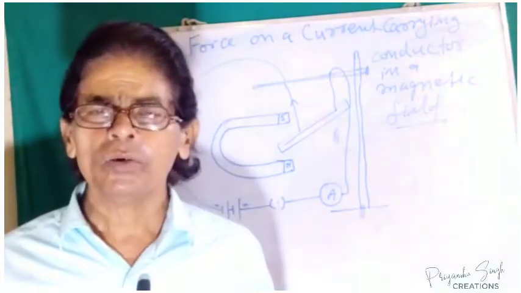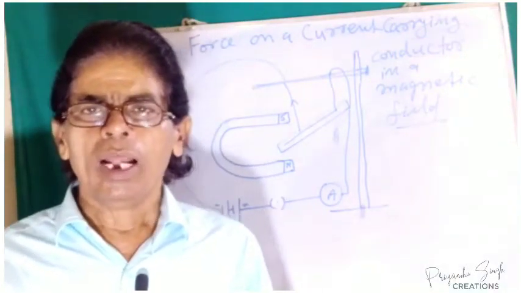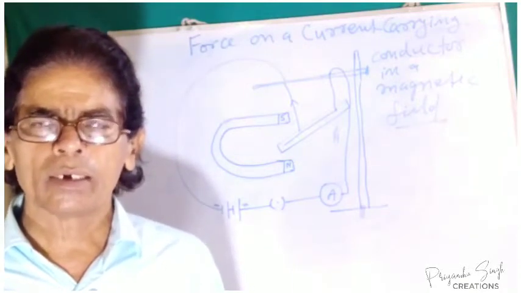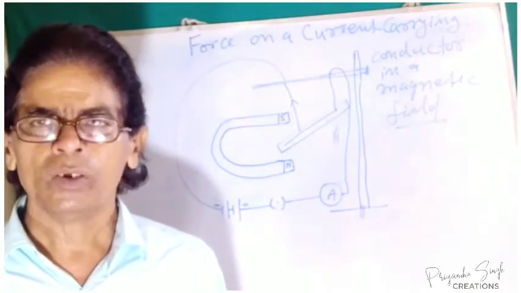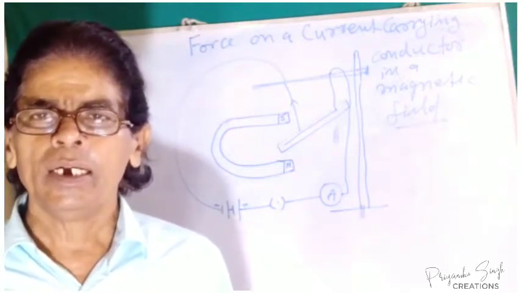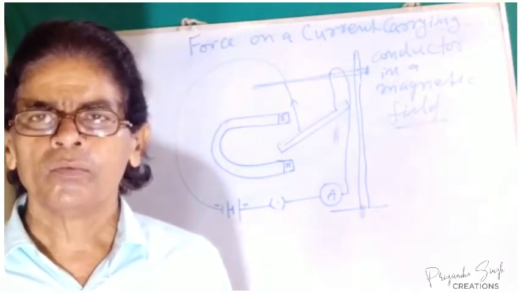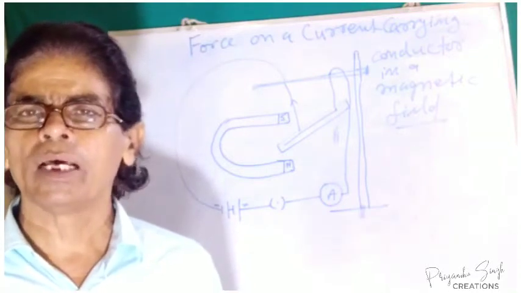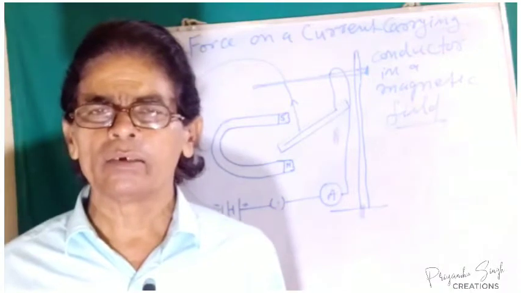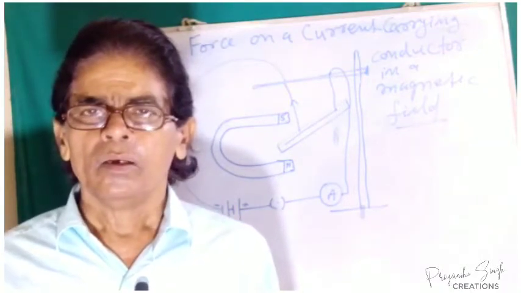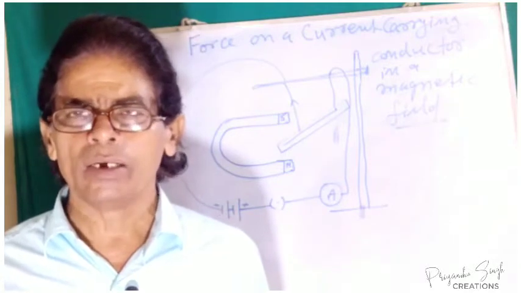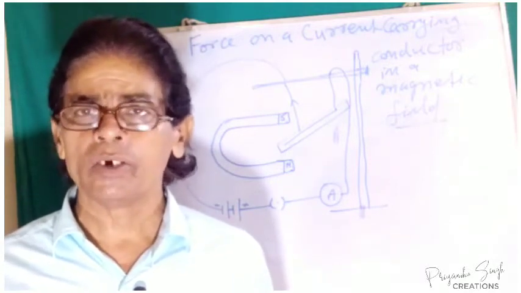I have just told you that electric current passing through a conductor creates a magnetic field. If it has a magnetic field, it must exert force on some other magnetic field, because we know that action and reaction must take place simultaneously.